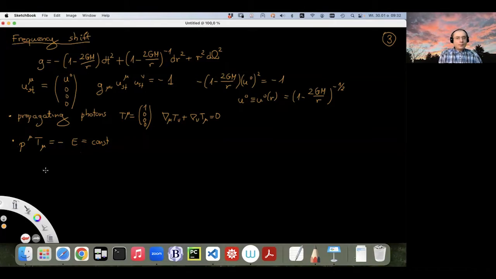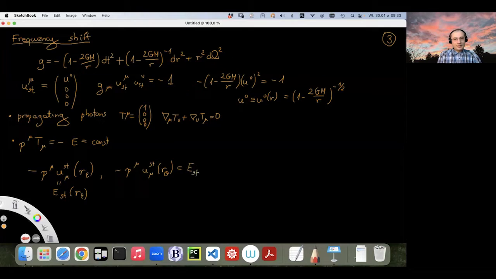Okay, but what we want to compare is this type of product at the emission point, and also this type of product, let's call it the energy as measured by the stationary observer at the emission point r_E, and the same thing at the observation point, which we assume to be at a different radius.